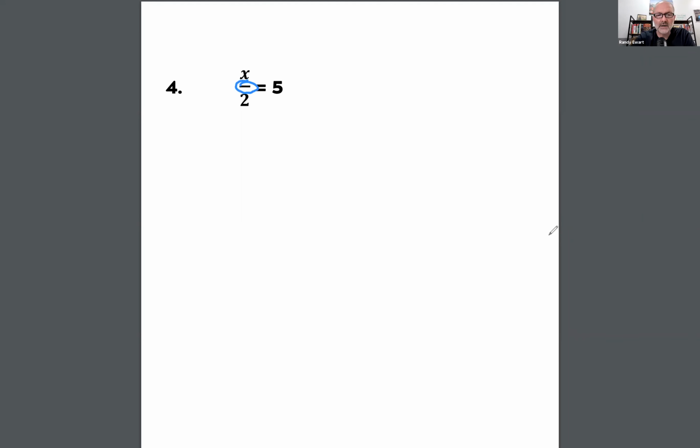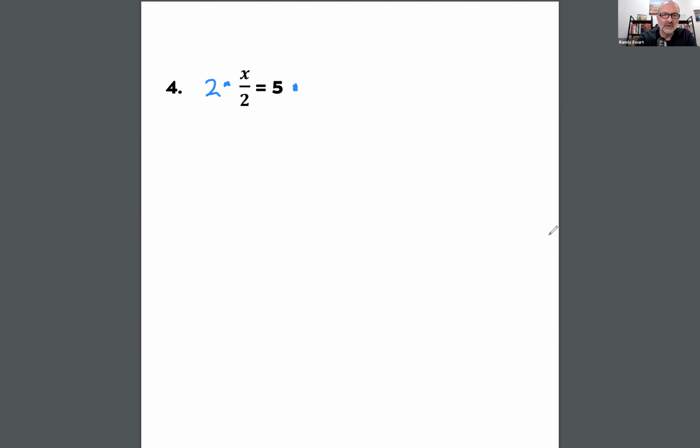This little fraction bar also means division. So we have x divided by 2. I want the x by itself, so I have to get rid of the 2. It's divide, so I'm going to multiply. I am going to multiply both sides by 2, but I'm going to write it right next to it.